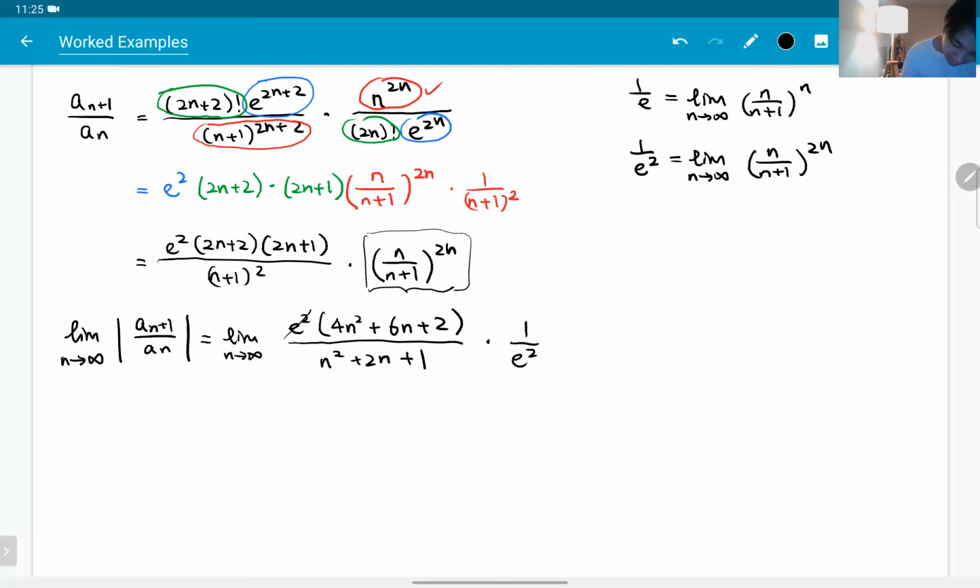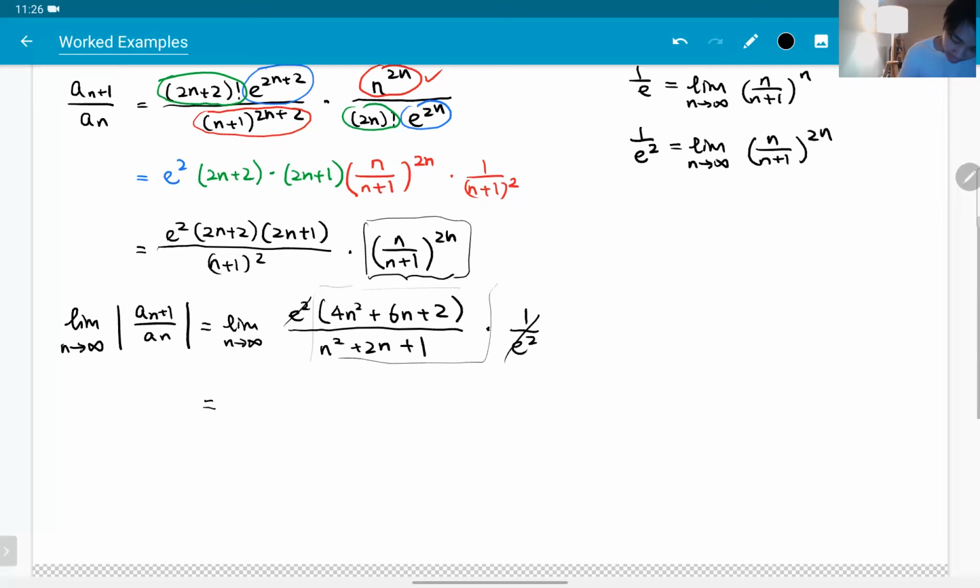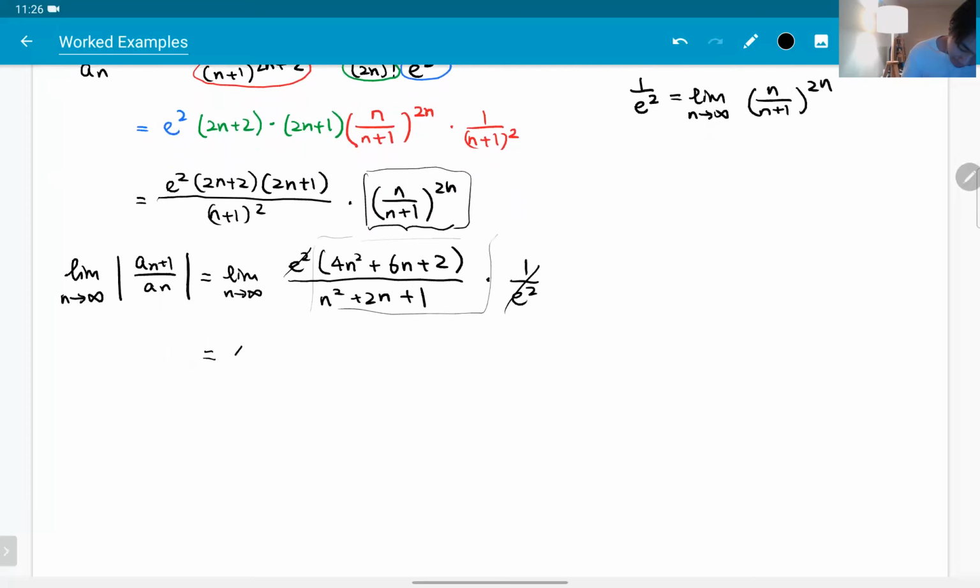So good news is that we can cancel these two out. Now, we know what the limit of this is. This is simply equal to 4. How do we get that? By applying L'Hopital's rule twice.